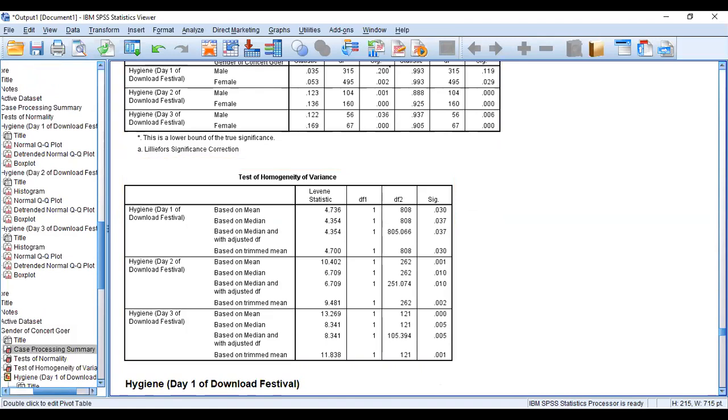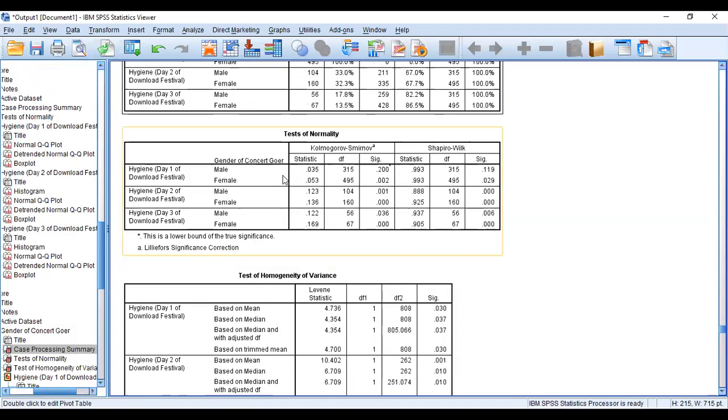Through this table we can identify the normality case test, and we will check that out of the 6, only one variable, only one data, male data, is normally distributed, but the rest of the data is not normal. Okay, because all the 5 data values have p value less than 0.05, which is not desirable for checking the normality of the data.